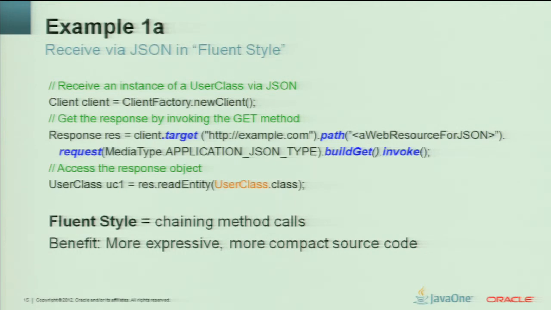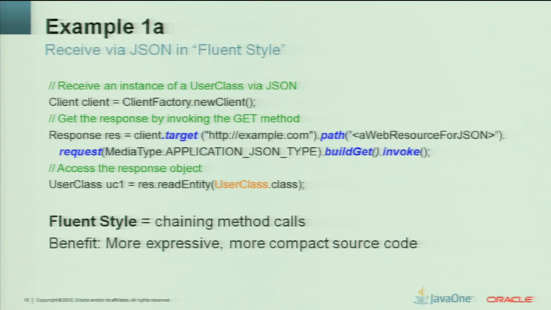So that's the identification of the remote object. We do a request on this web resource, and we expect a response in the media type JSON. We build a get on that, and we invoke it. And then we get the user class object again.